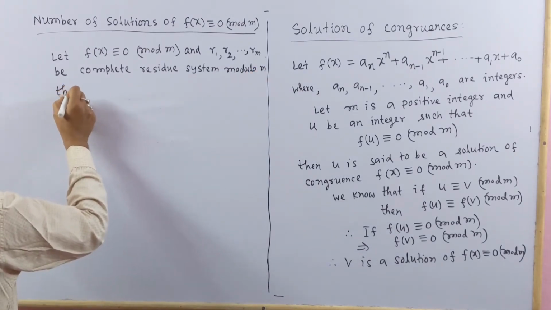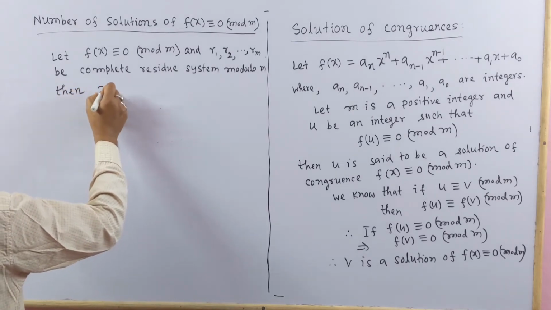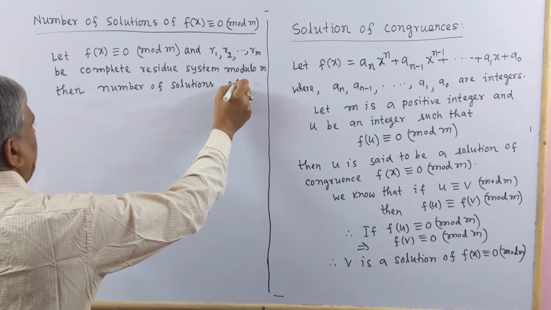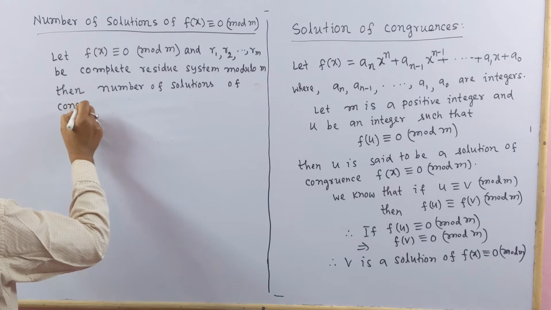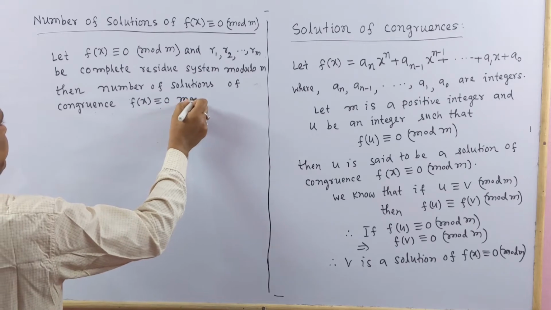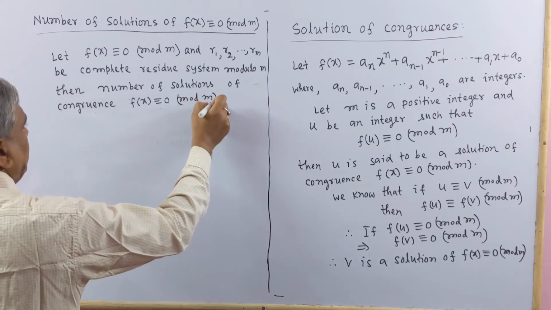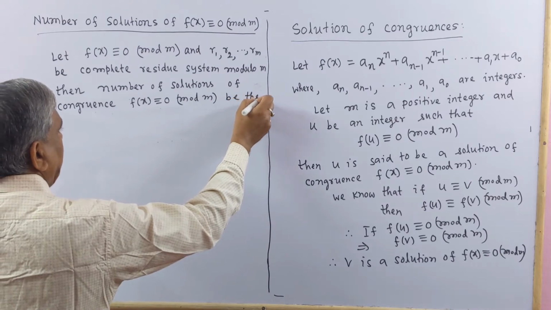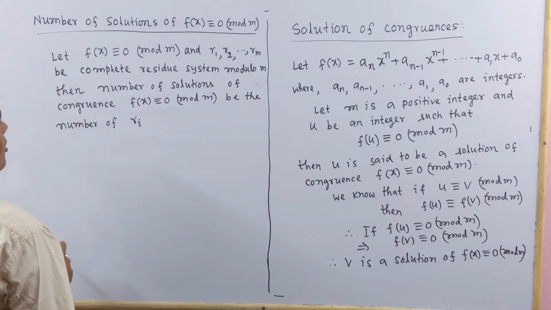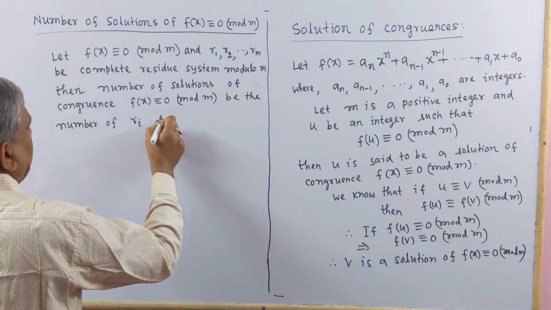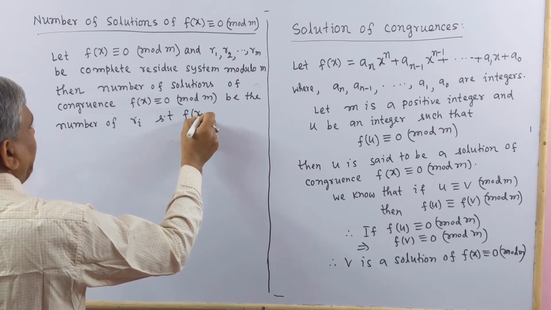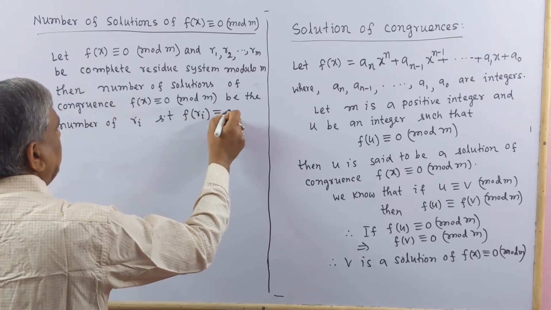Then the number of solutions of the congruence f(x) congruent to 0 modulo m is the number of r_i such that f(r_i) is congruent to 0 modulo m.